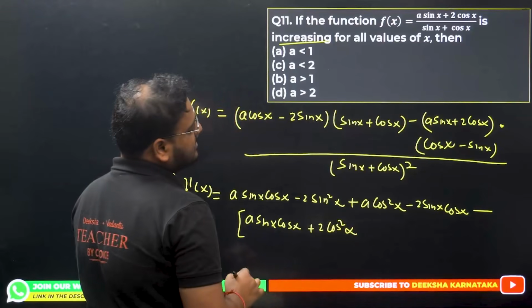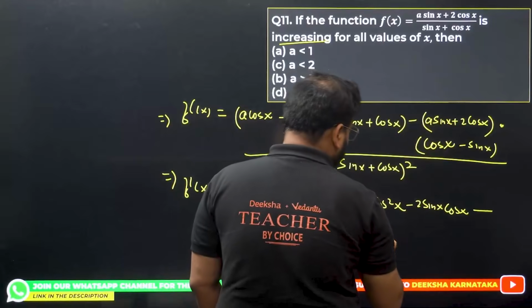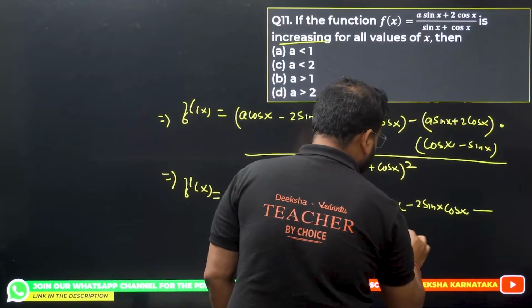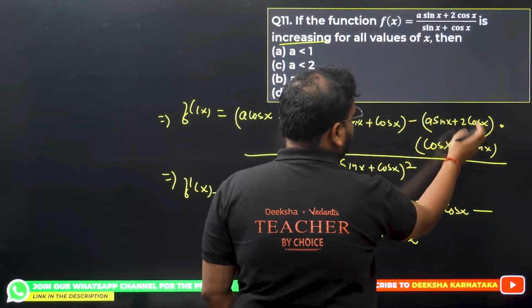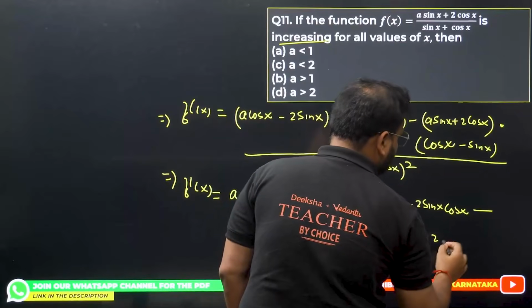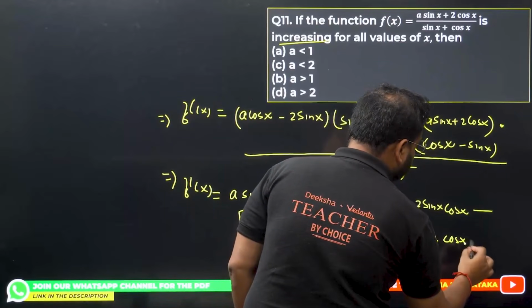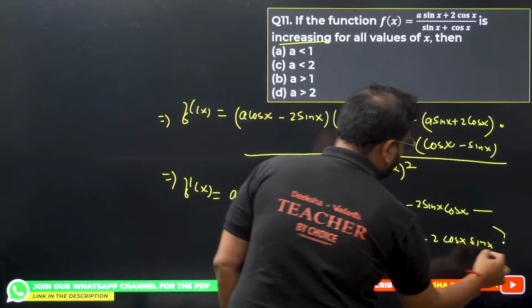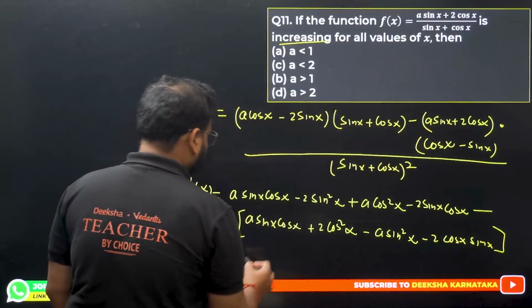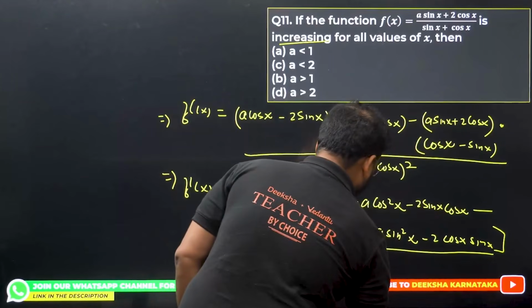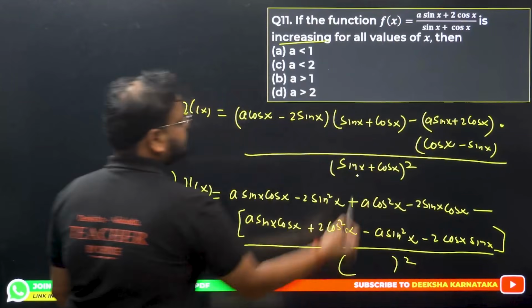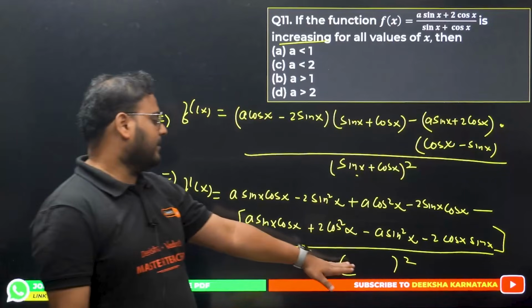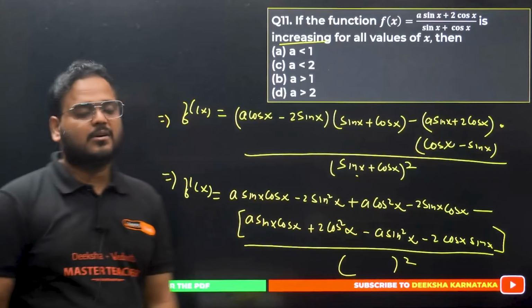Moving on, I get minus a sin square x, these two, and we get here minus 2 sin x cos x. Close bracket. Divide the whole thing by a positive value, sin x plus cos x the whole square.